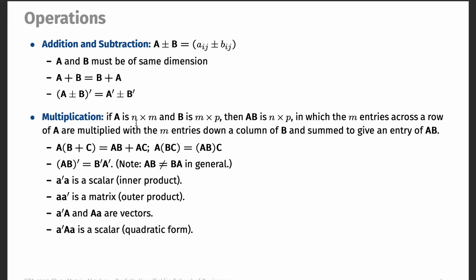So if A is N by M, B must be M by P. And then A times B, which is a matrix, will be N by P.